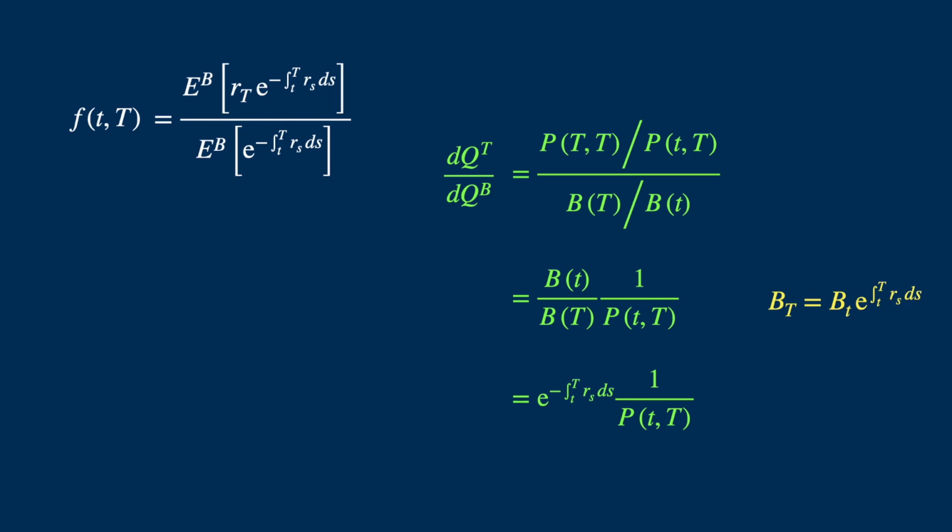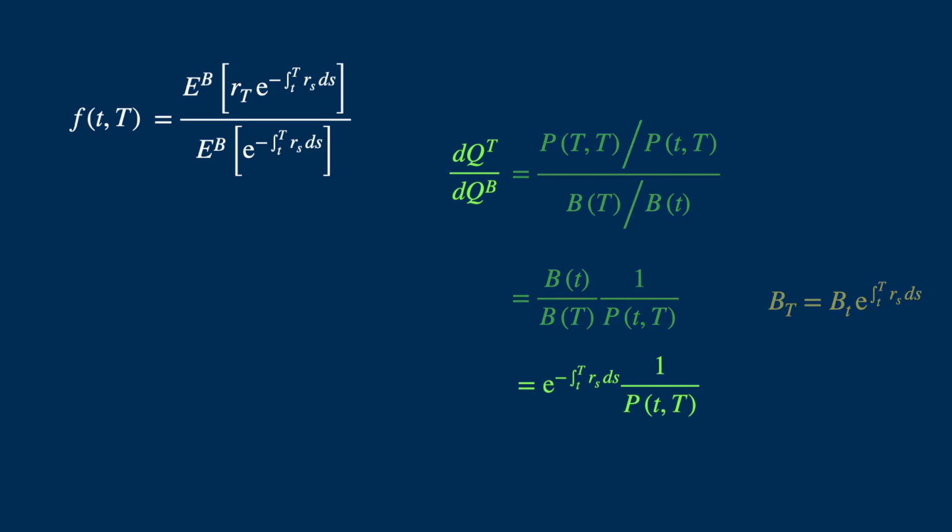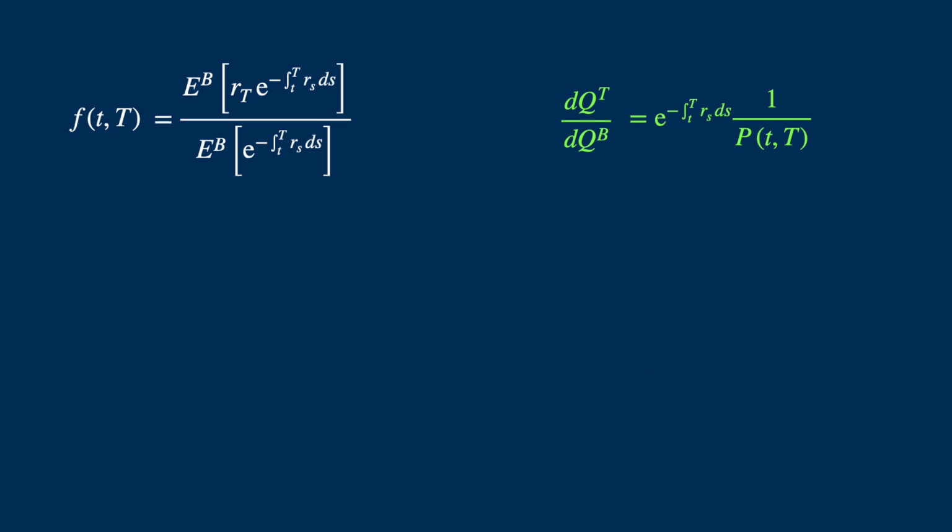So it is similar to what we have inside the expectation, but we have this extra 1 divided by P. But this P doesn't count because we have the same term in the numerator and the denominator, so they will cancel each other. So the exponential term we see is nothing but the Radon-Nikodym derivative of the measure T with respect to the risk neutral measure. And then this is nothing but the right hand side of the abstract Bayes formula.